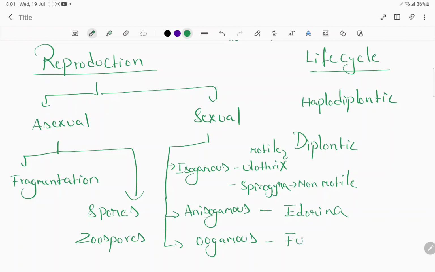And oogamous, Fucus, Volvox. And for diplontic, the example is Fucus, Dictyota. And for haplodiplontic, it is Ectocarpus.